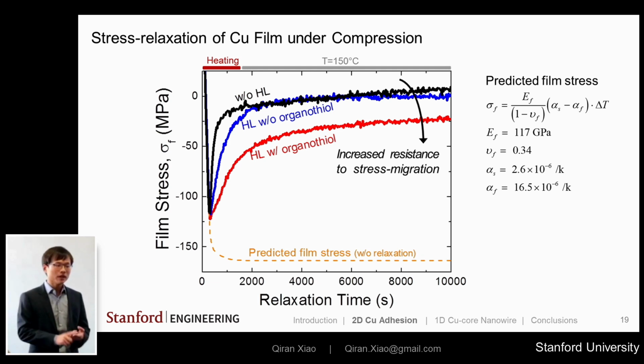And the quicker or the more severe the stress relaxation is, the more migrating copper atoms. And more migrating copper atoms means more voids will be created inside copper conducting lines, which will lead to open circuits and damage your device. So we basically want to minimize copper stress relaxation as much as possible.